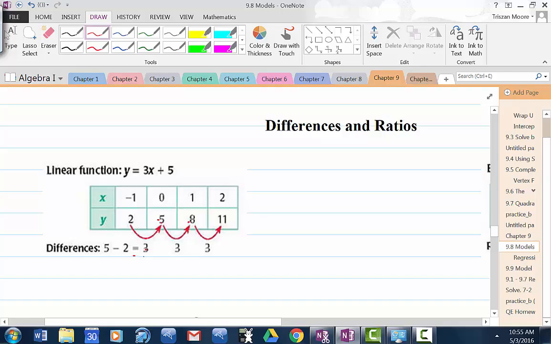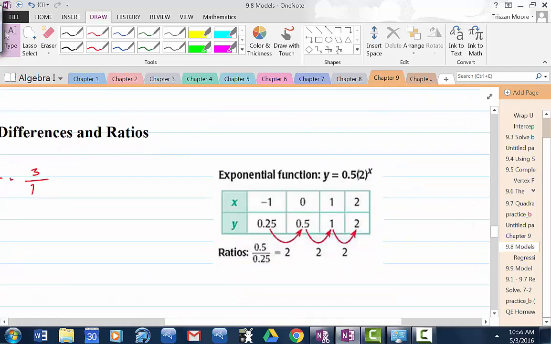If you have a consistent difference between your output values, chances are you have a linear function. Why? Because notice that your y keeps on increasing by 3, in other words going up 3 as x goes over 1. And isn't your slope equal to the change in y over the change in x? In this case, the change in y is 3, the change in x is 1, slope is 3. You're dealing with a linear function.